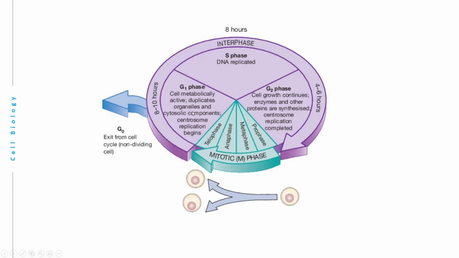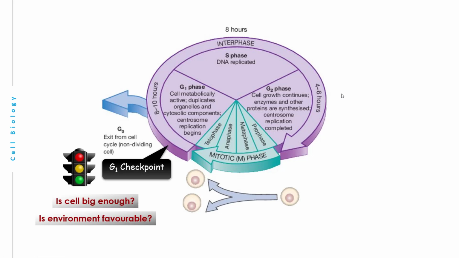As I told you earlier, this whole process has to be tightly regulated. There are many checkpoints in the cell cycle. For example, there's a checkpoint known as the G1 checkpoint. There are proteins and enzymes which will make sure that the cell is big enough, the environment is favorable, nutrients are available before it commits to go into the S phase.